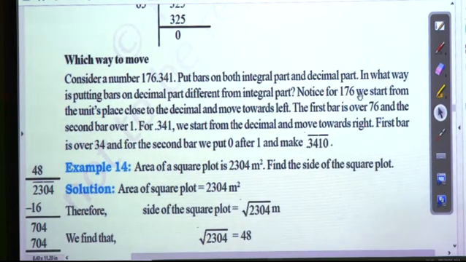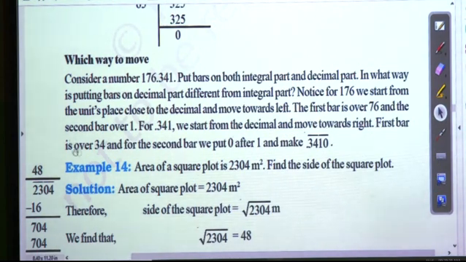Notice for 176 we start from the units place closer to the decimal and move towards the left. The first bar is over 76 and the second bar is over 1. For 341 we start from the decimal and move towards the right.